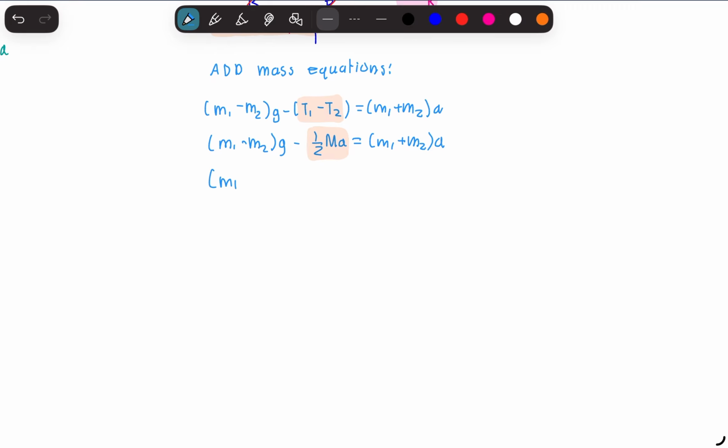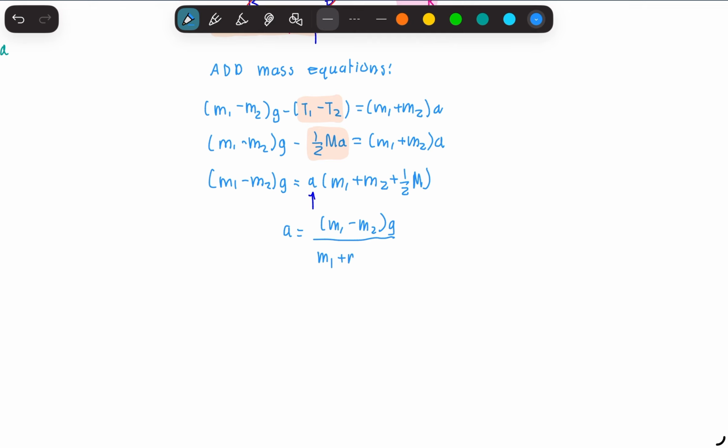After this, now if we just solve for a, that's our acceleration.